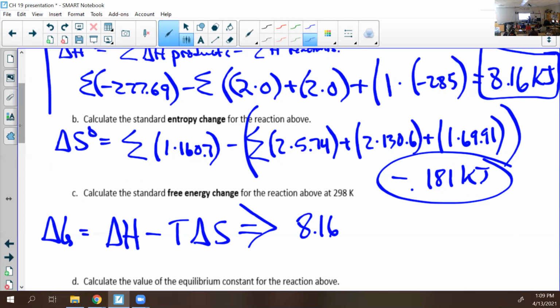I never asked. That was silly of me. Minus T, which is 298, times negative 0.181, and you'll get an answer. And then it asks for K. What'd you get? It was like 52 positive. Okay.